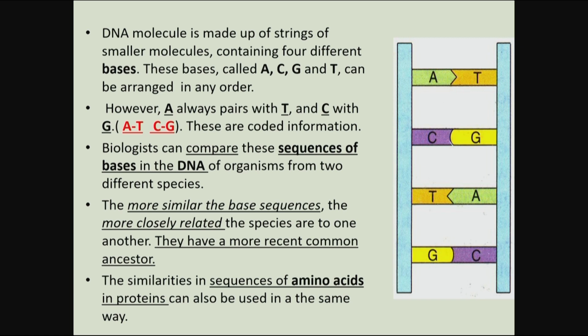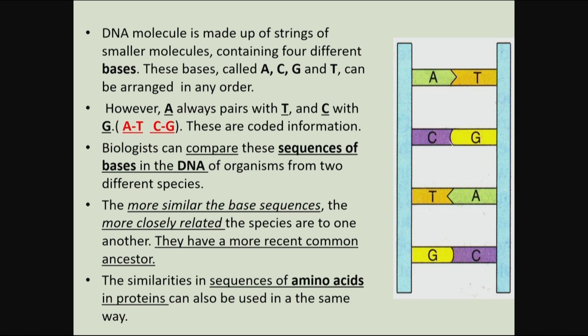The more similar the base sequences, the arrangement of these A, T, C, and G within an organism, the more closely related those living organisms are. They are more closely related species, and they have a more recent common ancestor. Now, we can also use the sequences of amino acids in the proteins making up the bodies of living organisms.